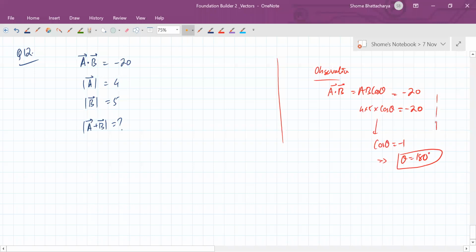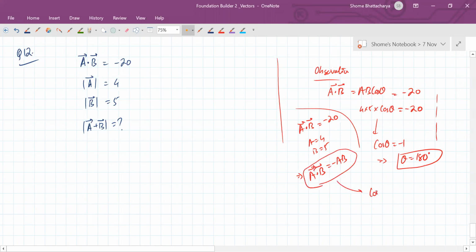In fact, you didn't need to do all this calculation. You can just see that A dot B is minus 20 and A is 4, B is 5, so A dot B is minus of AB. That directly shows you that cos theta must be minus 1. Just this much was required to understand.